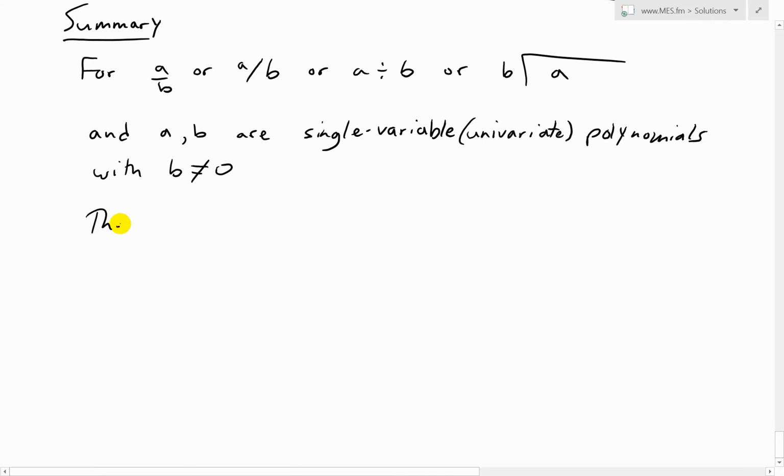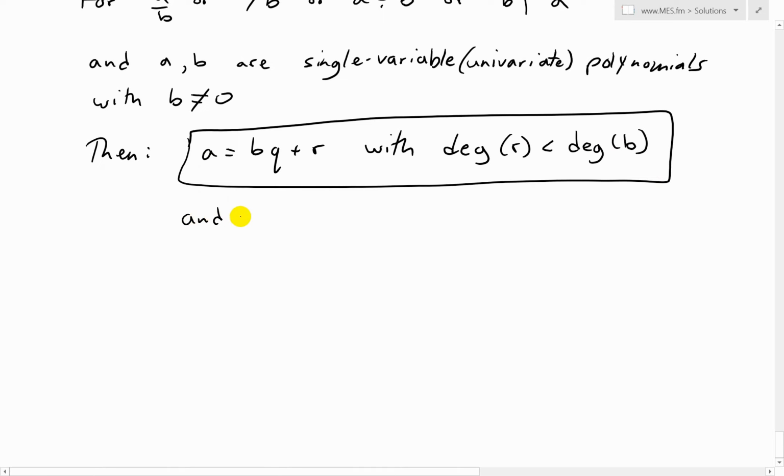Then what we have is the Euclidean division A equals B Q plus R, with the degree of R less than the degree of B, so we're going to have eventually one like that over there.